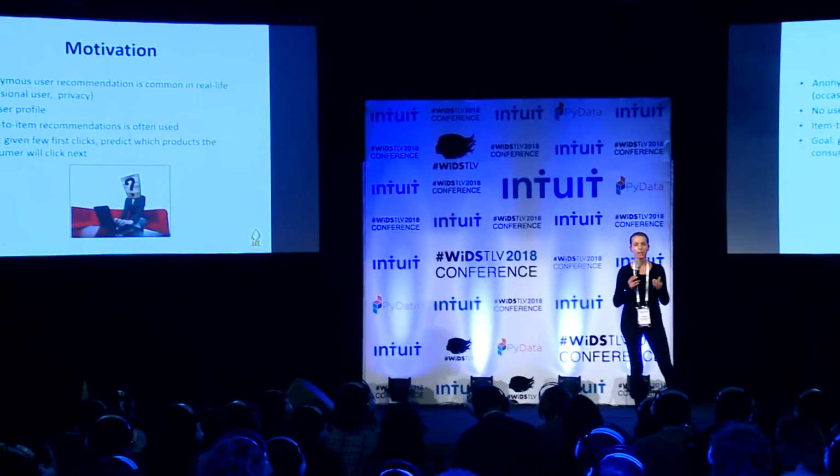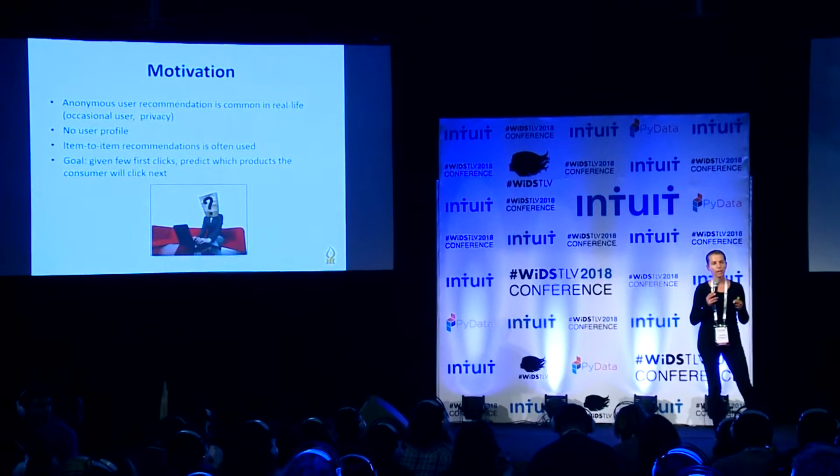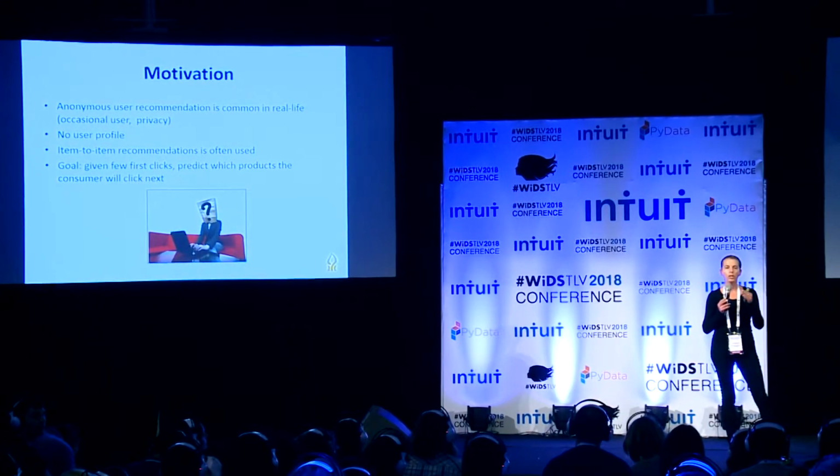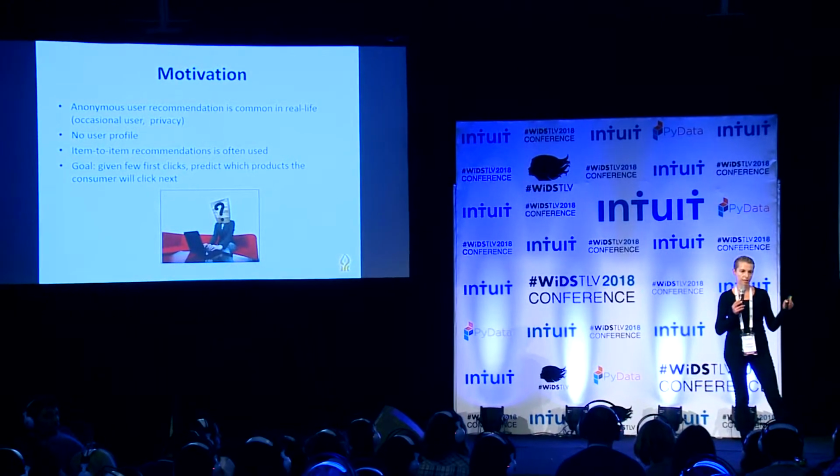The inspiration for this approach actually came from NLP, natural language processing, where by using word embedding, and you're probably familiar with the word2vec and GloVe algorithms, you can take into account not only the products which are bought together, but also the order of the clicks.